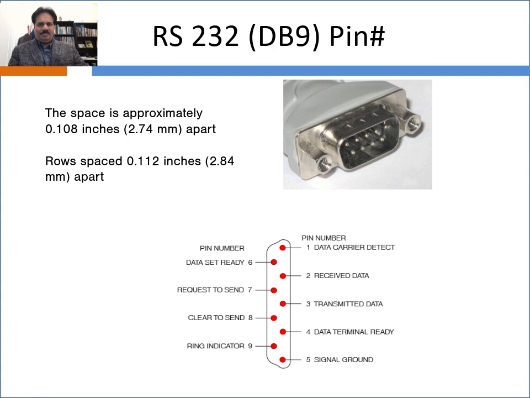So what it means is that the space between these pins, and also the space between the rows, there are two rows as you can see, is about 0.112 inches, and the space between two pins is about 0.108 inches.